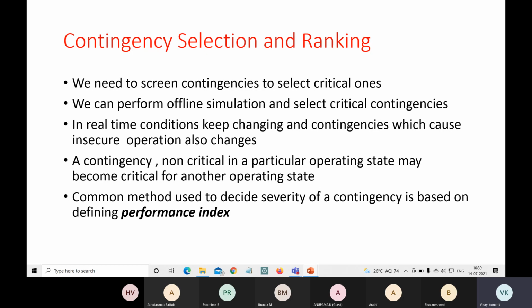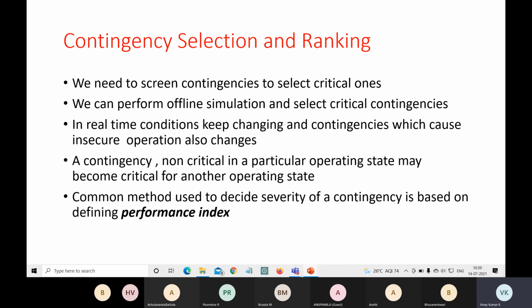Different simulation tools are there. MiPower is one of the beautiful and highly advanced tools. That MiPower we can use for the contingency selection simulation. These are different offline simulation tools. By using those simulation tools, we can select the most critical ones.